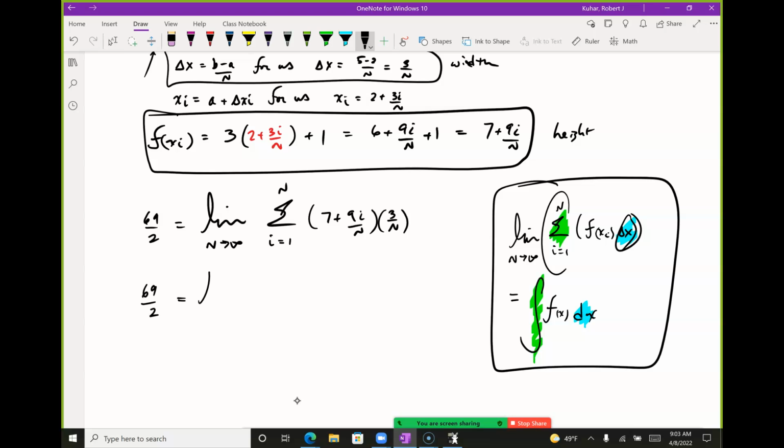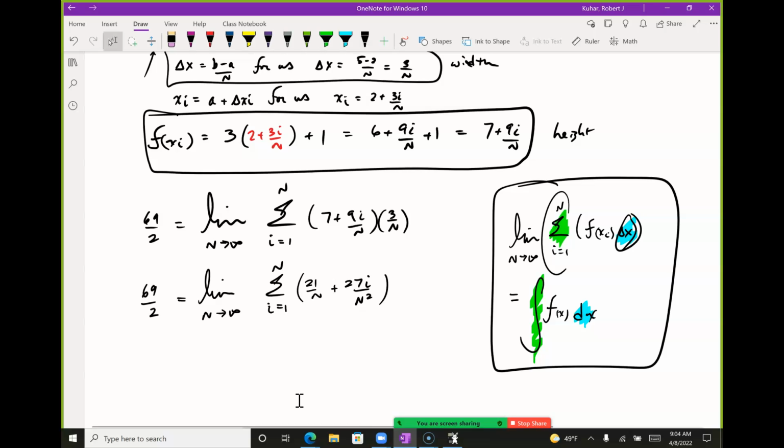So, limit as n goes to infinity of the sum of i equals 1 to n. And now I'm distributing here. I got 21 over n plus 27i over n squared. And you can see my 21 and my 27 from the earlier calculation when I was doing the area of the triangle and area of the rectangle.